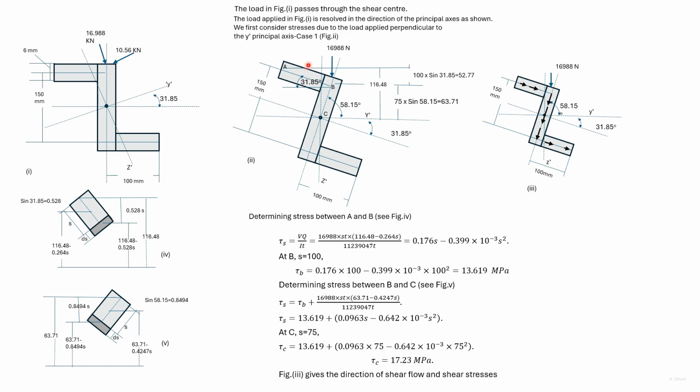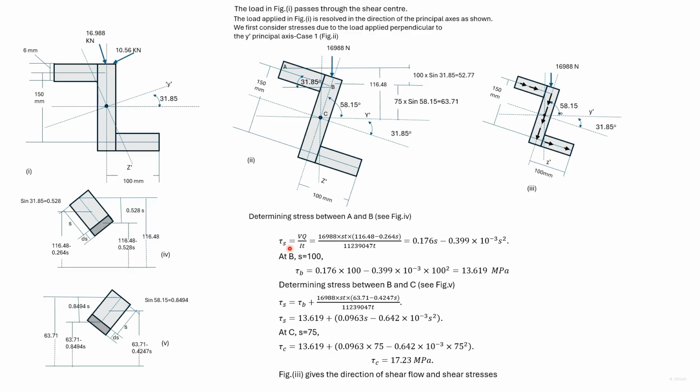So the total vertical distance from A is the sum of these two distances, which is 116.48. The distance of the centroid of this section from the neutral axis is 116.48 minus half of this, which is 0.264 S.